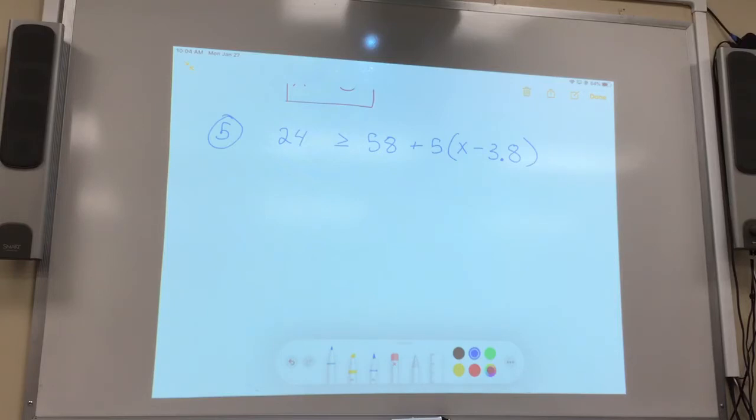When you distribute the 5, it'll become a whole number when you multiply by 3.8, I think. Yes. Okay. All right, so write this one down, work on this on your own, ask questions if you've got them.